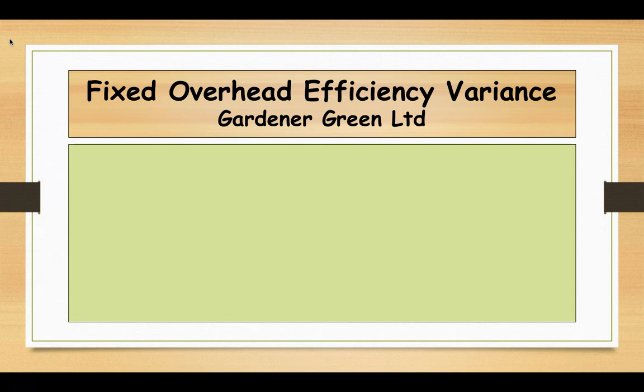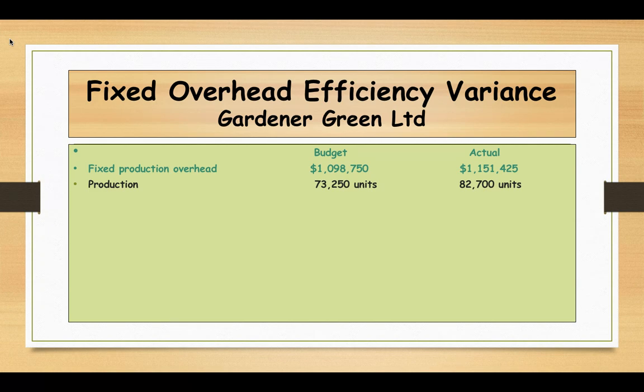We are going to calculate the fixed overhead efficiency variance for the Gardner Green Limited. So we'll see the question: fixed production overhead budgeted and the actual data given, production budgeted units and the actual units given, as well as the budgeted labor hours and the actual labor hours given. We are going to calculate the efficiency variance.